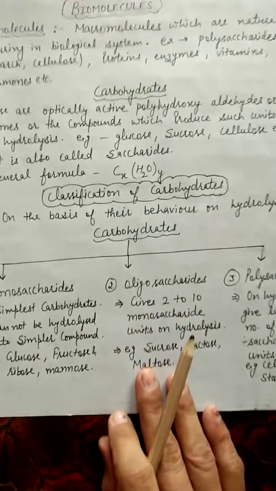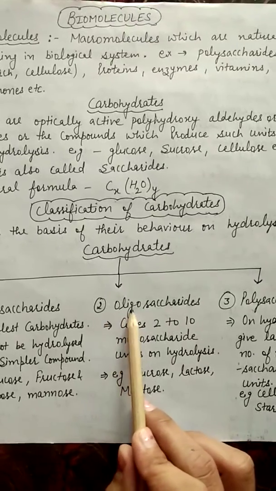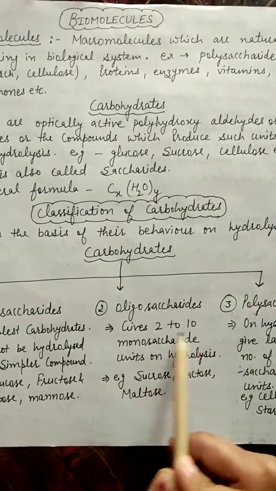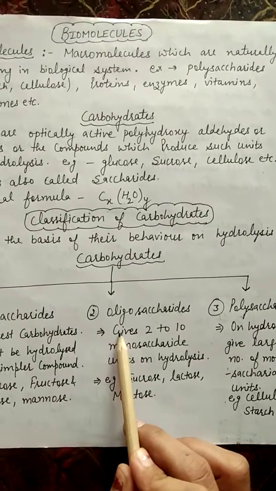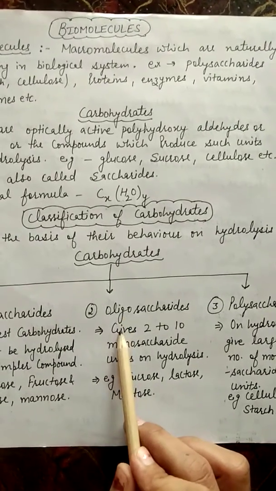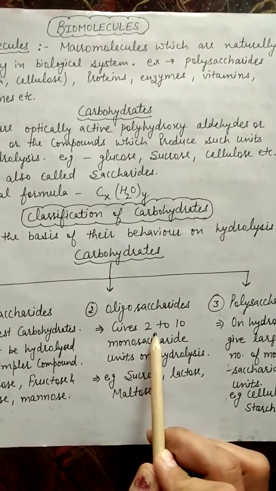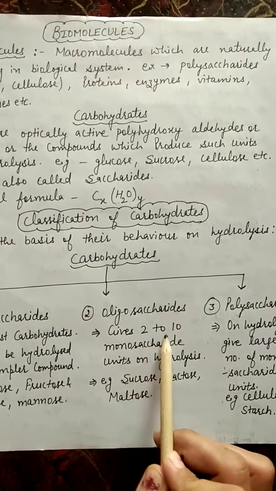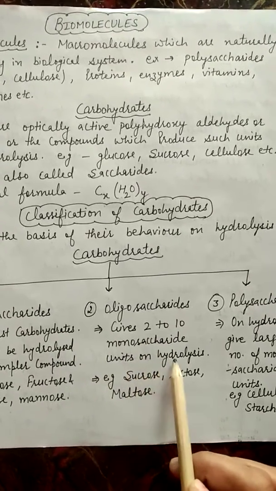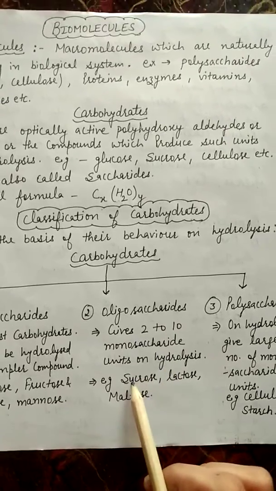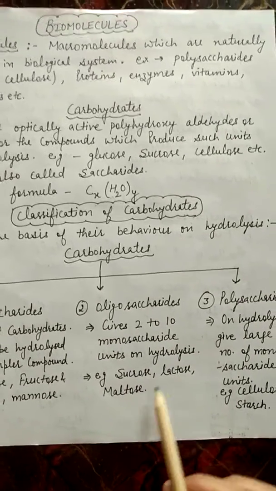The second type is oligosaccharides. Oligo means 2 to 10 units, meaning the carbohydrates which on hydrolysis give 2 to 10 monosaccharide units. Examples are sucrose, lactose, maltose.